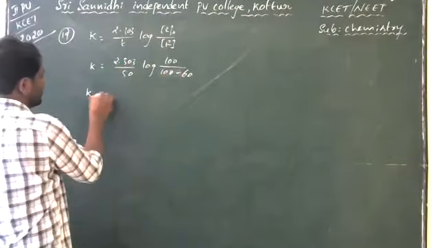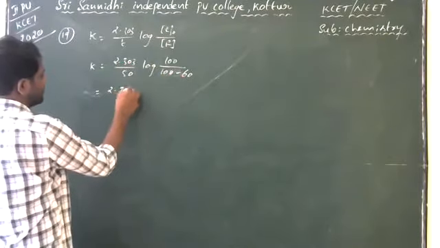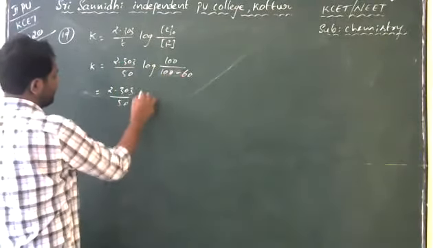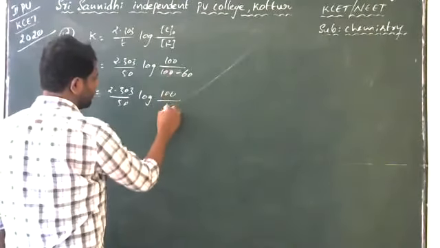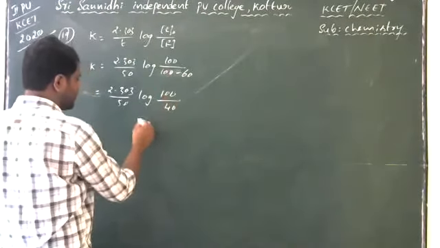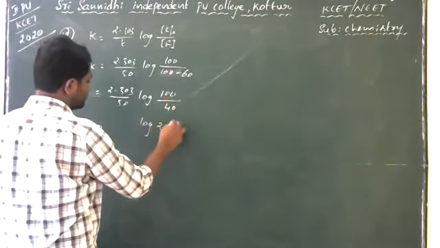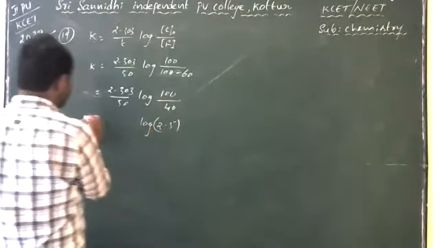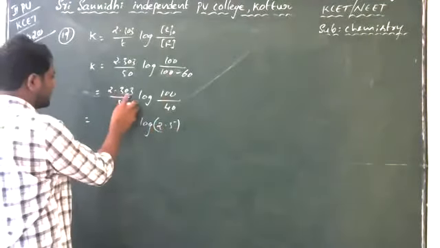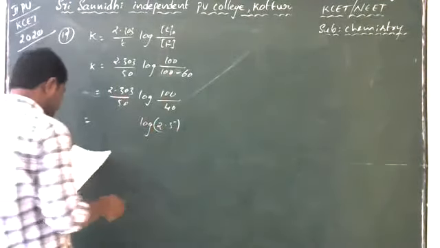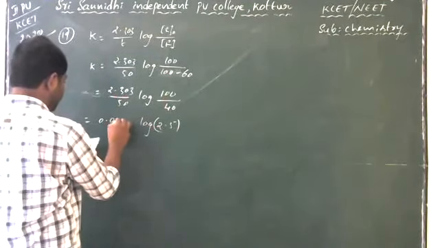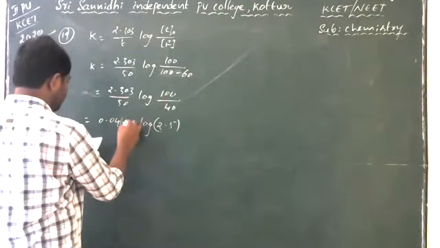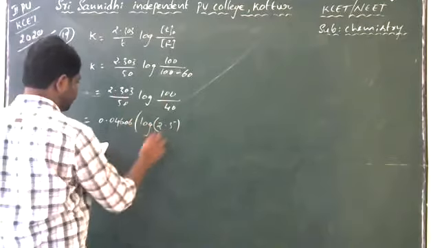Then K is equal to 2.303 divided by 50, log of 100 divided by 40. 100 divided by 40 is nothing but 2.5. 2.303 by 50 is 0.04606.